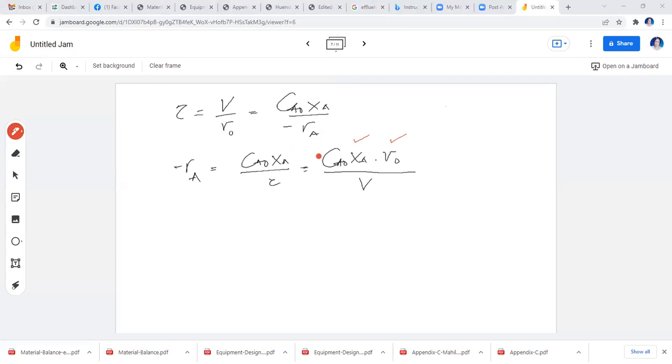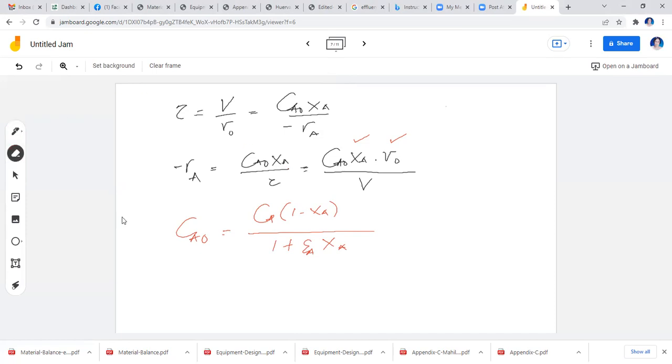Can you remember the formula for C sub A when we already have the epsilon A to consider? CA is equal to CAO times 1 minus XA all over 1 plus epsilon A XA, right?